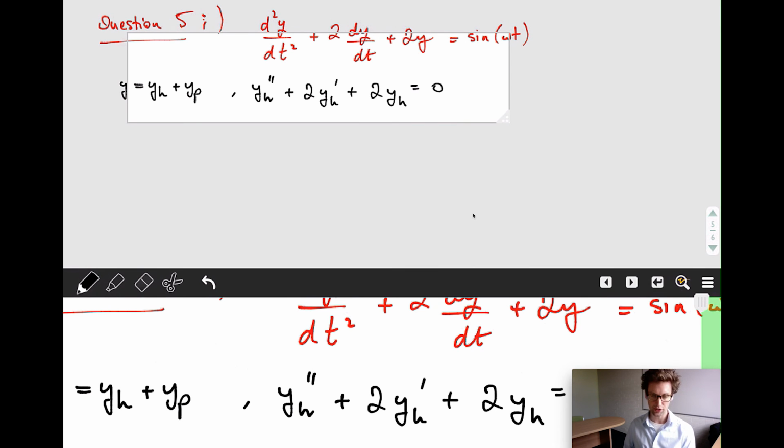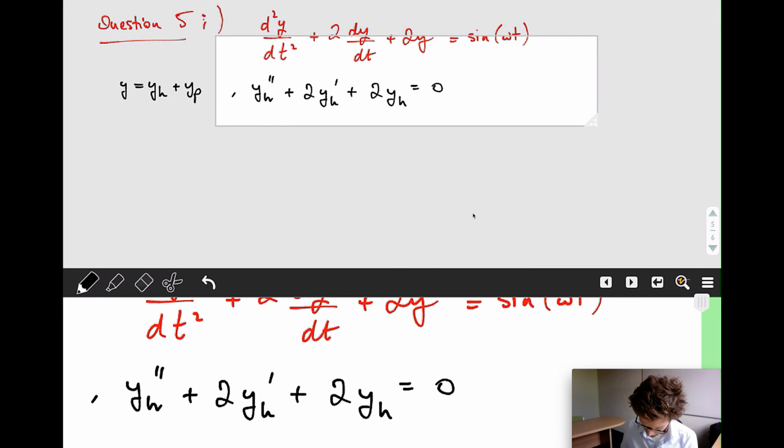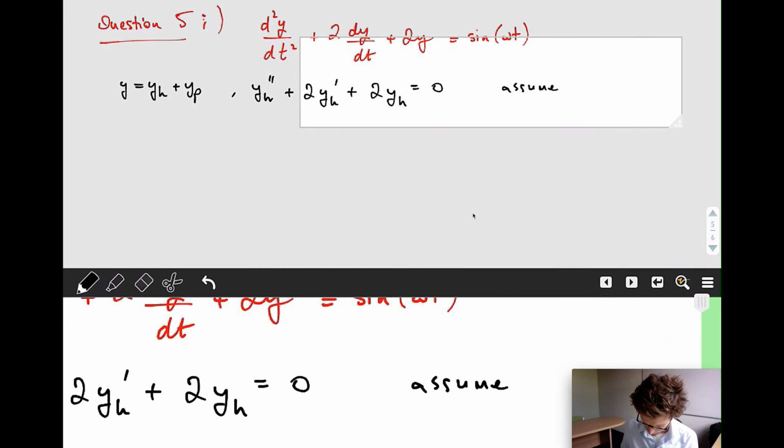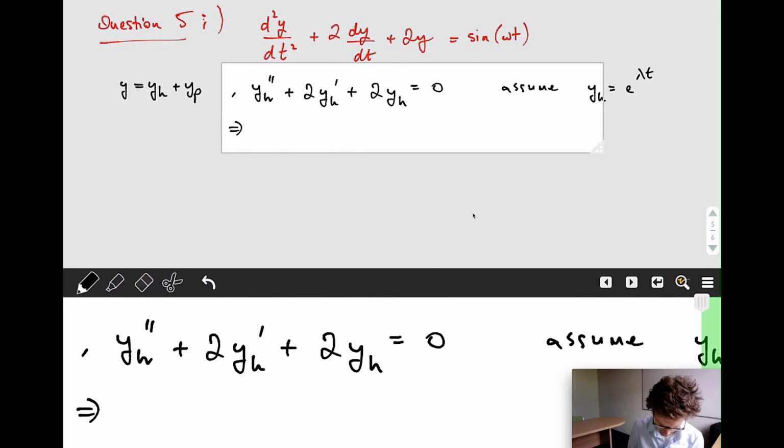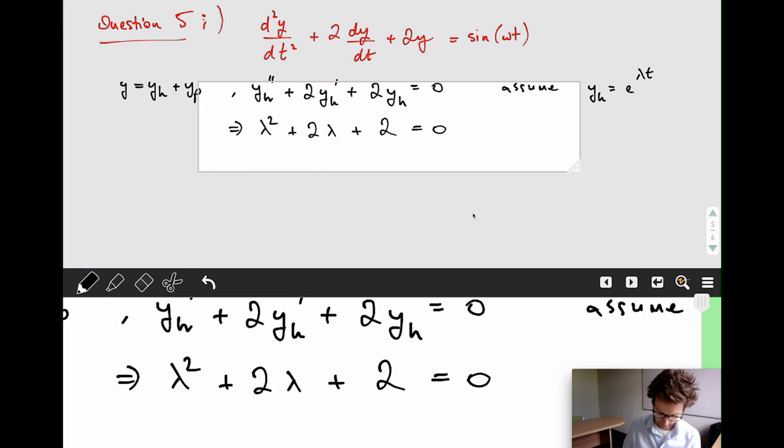That's my homogeneous equation. Let's assume a solution of the form y_h is equal to e to the lambda t. Every derivative turns into a power of lambda. That gives me a quadratic equation for lambda that I can solve.